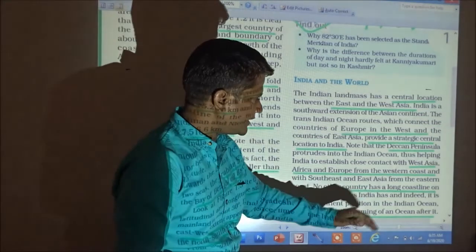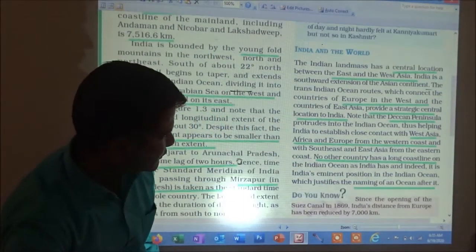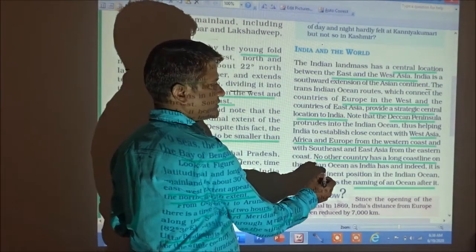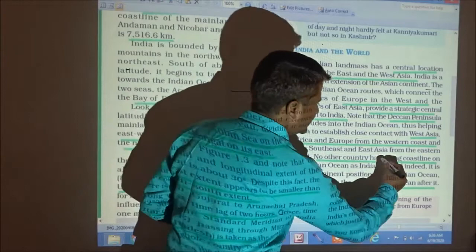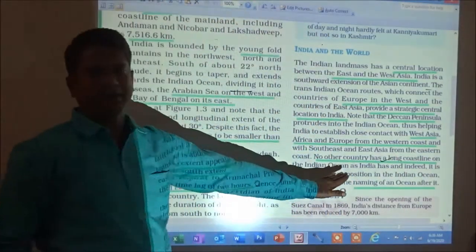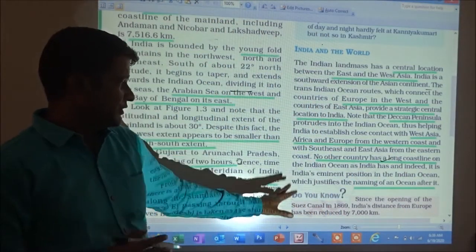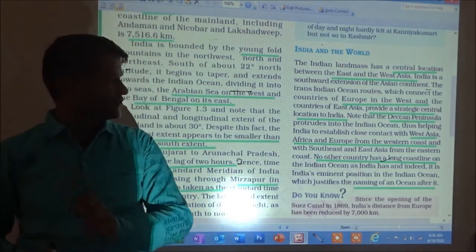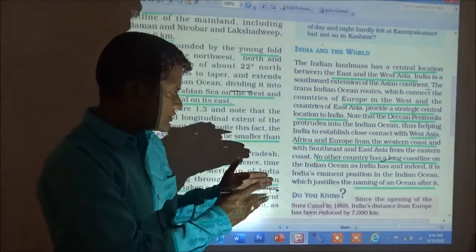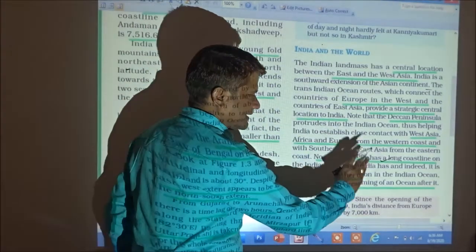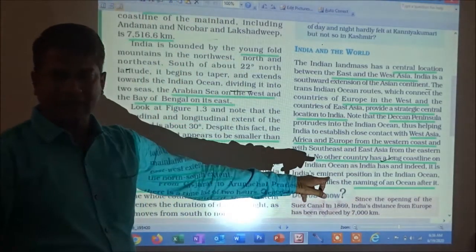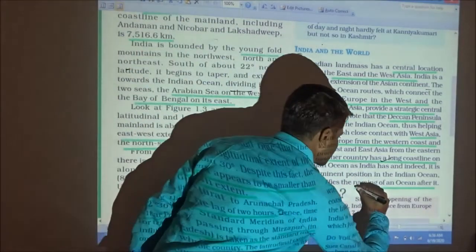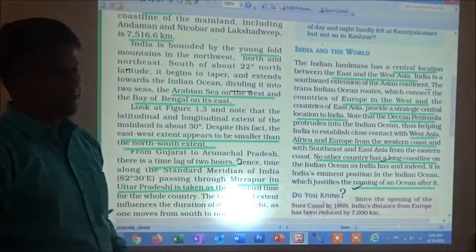If we look at the Indian Ocean and the position of this coastal line, it is very clear that India is the only nation which has a long coastal line in the Indian Ocean. Because of this, India has a very important and strategic position, and because of this long coastal line and position, the naming of this ocean after India is completely justified. So this is India and the world.